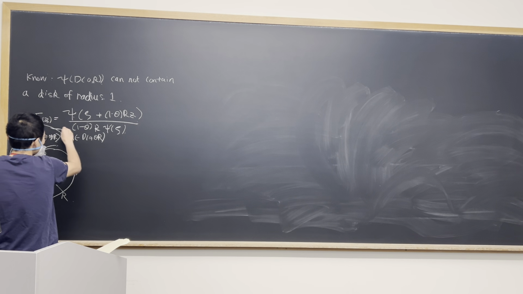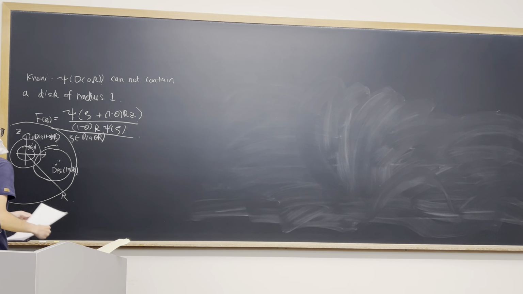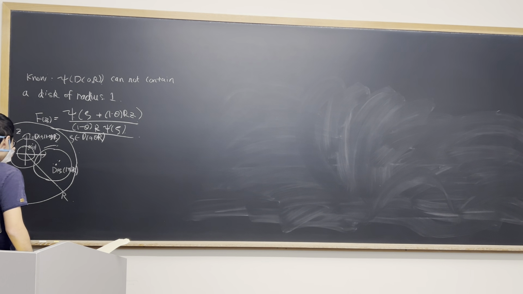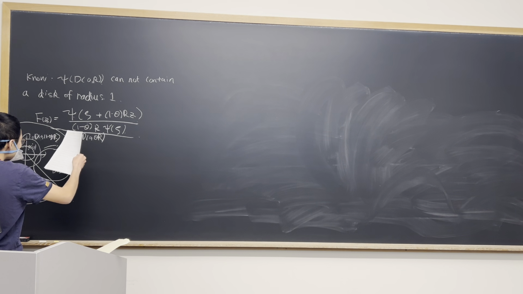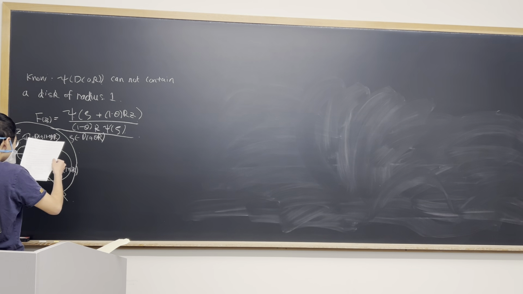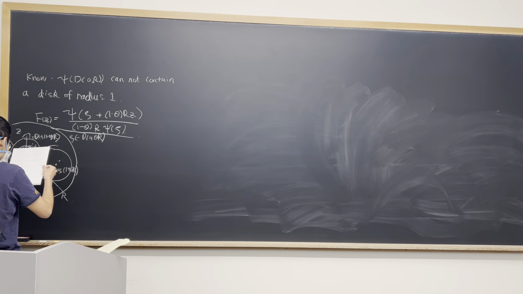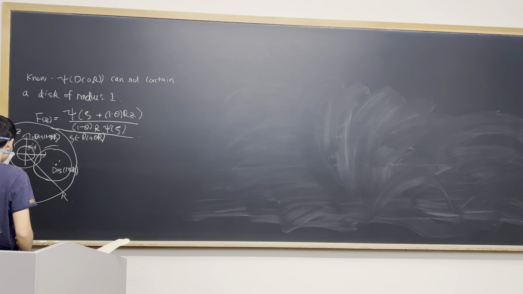So this is how F is defined. We want to show that this F cannot contain a disk of radius.